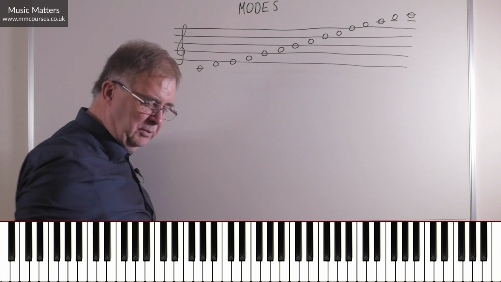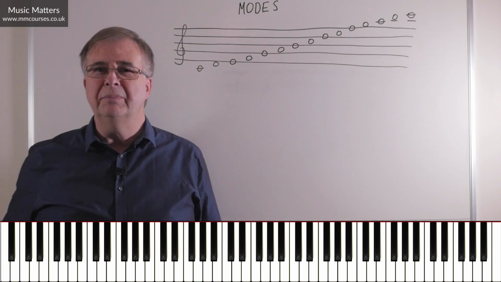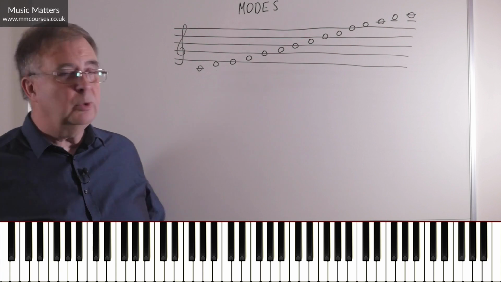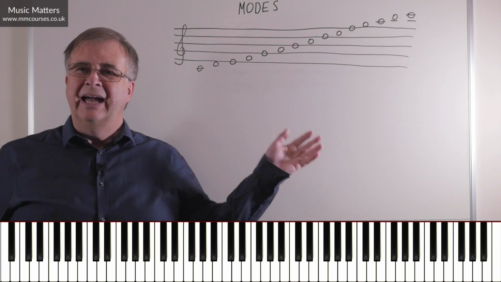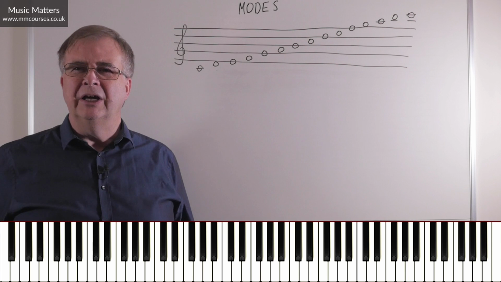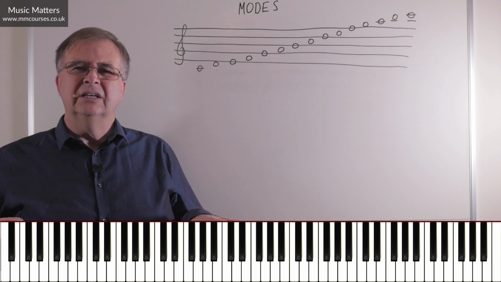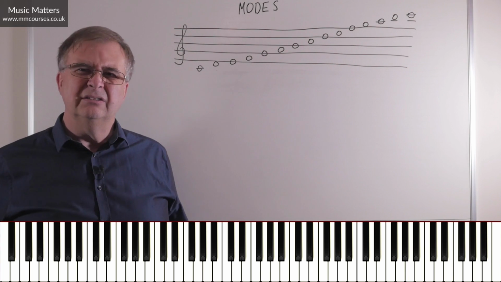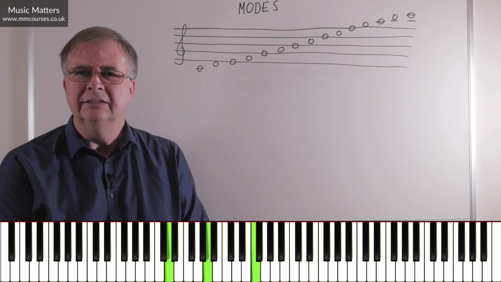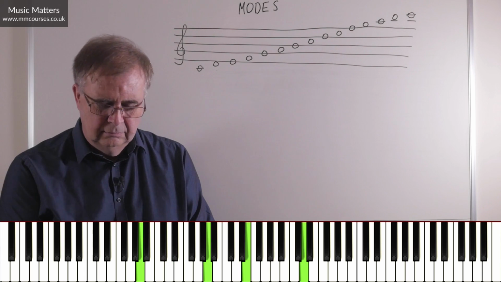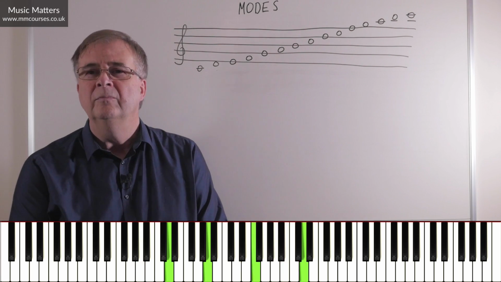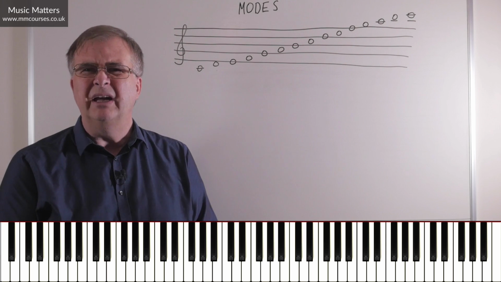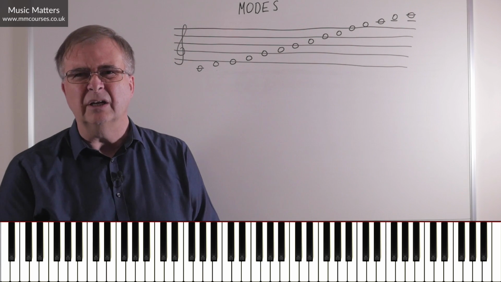So you can hear that some of these modes sound rather better than other modes. But in the years before 1600, before we got to major and minor keys, composers were working in these modes. And then during the late 1500s, composers started to kind of mess about with these modes. And they sort of said, well, if I was playing this, that I was illustrating earlier, they might say, well, you know, it sounds better with some C sharps.